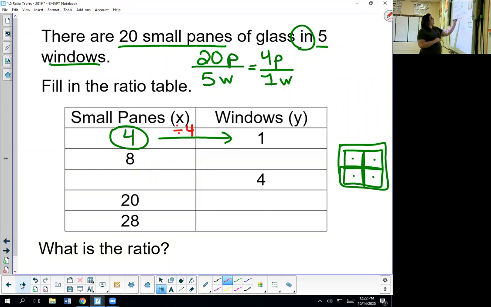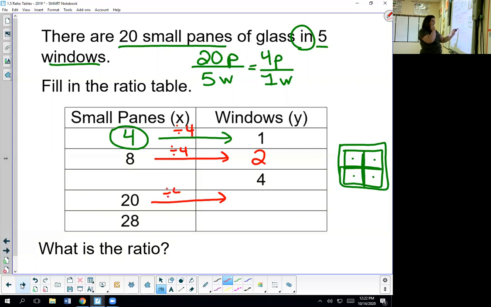I'm dividing it by 4. Or I can think about it multiplying by 4 this way. So what would be 8 cut into 4? How many windows would I have? I would have 2 windows. Okay? If I had 20 panes, so 20 little boxes, how many windows would I have there?